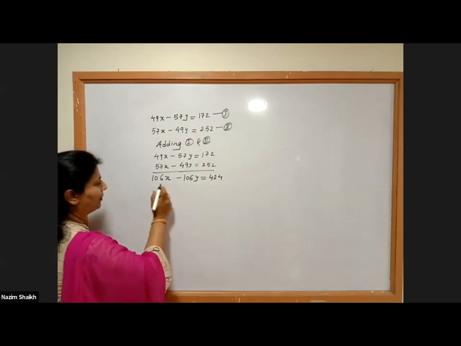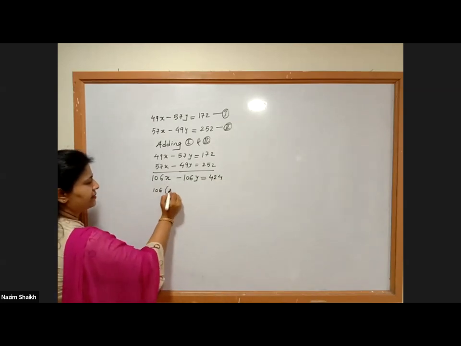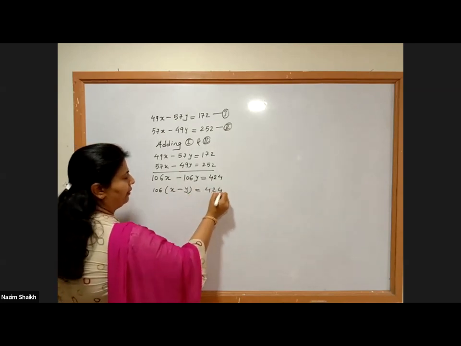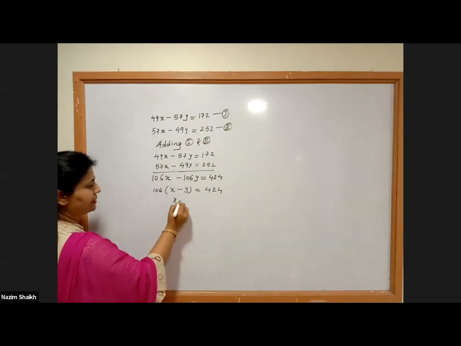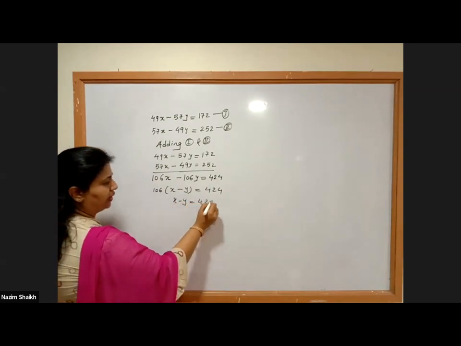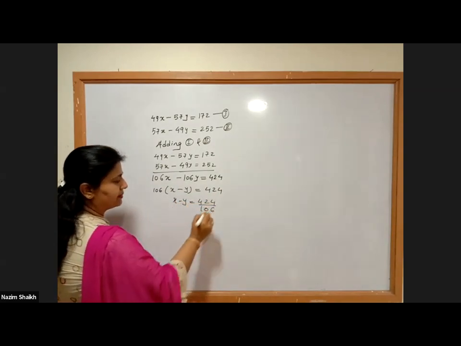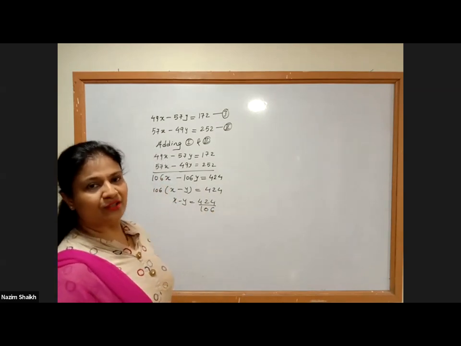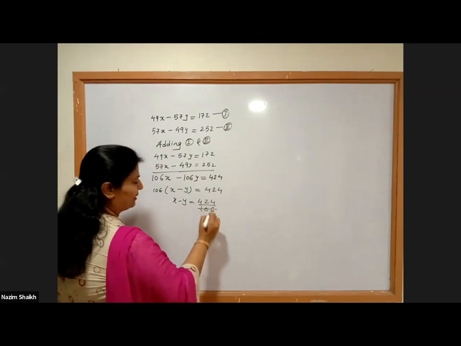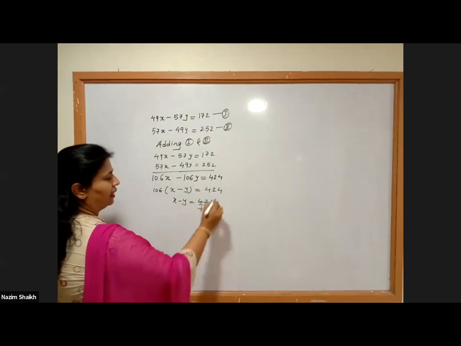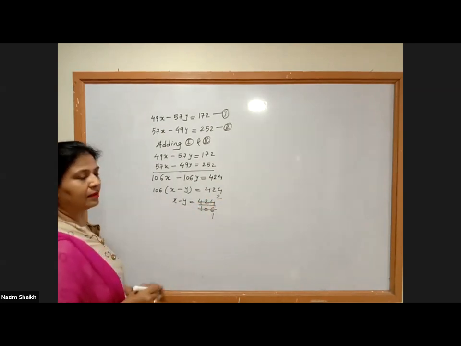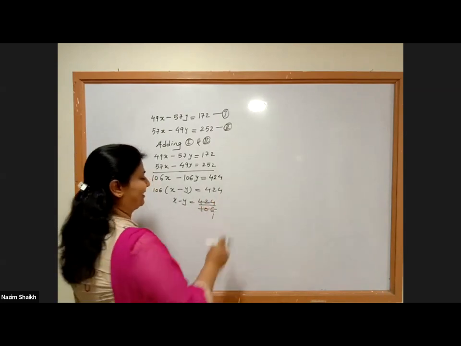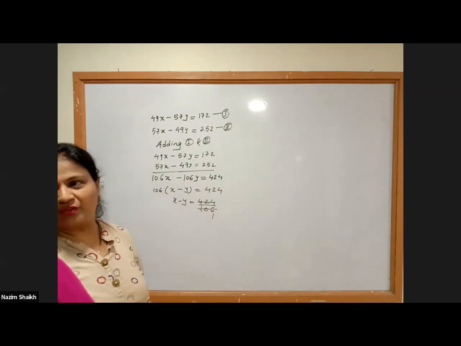Now, what is common amongst them? 106. So 106 times (x minus y) is equal to 424. x minus y equals to 424 upon 106. 106 का टेबल आता है आपको? 106 1s are 106, 106 2s are 212.